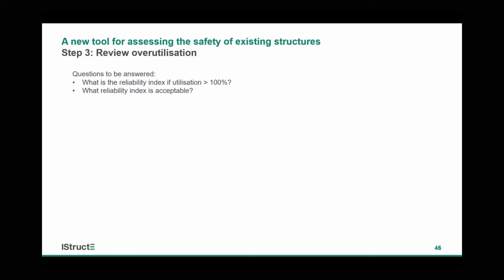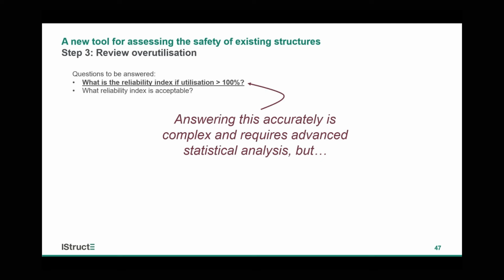Now, when we're carrying out this part of the assessment, really there are two questions that need to be answered. So the first one is, what actually is that reliability index if we've got a utilization greater than 100%? Now, answering this accurately is actually a very complex question and would require lots of advanced statistical analysis that wouldn't really be practical or proportionate on a typical existing building or existing structure assessment project.